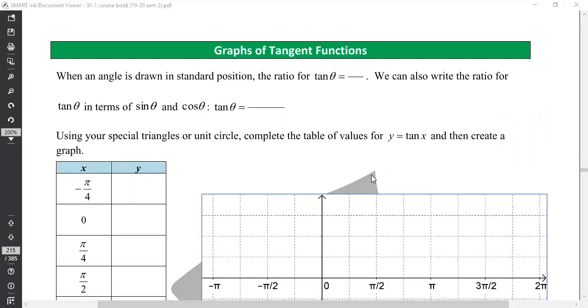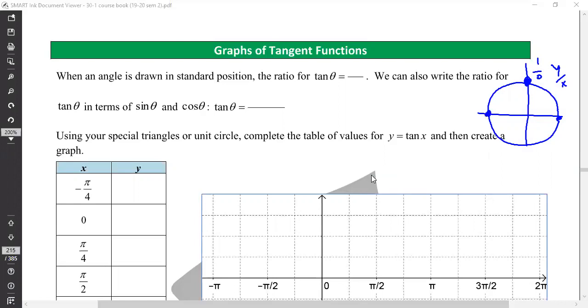But when we look at what's happening with tangent, as we go around the circle, remember tangent is y over x. And tangent at 90 degrees or at pi over 2 becomes 1 over 0, which is undefined, which is infinite.